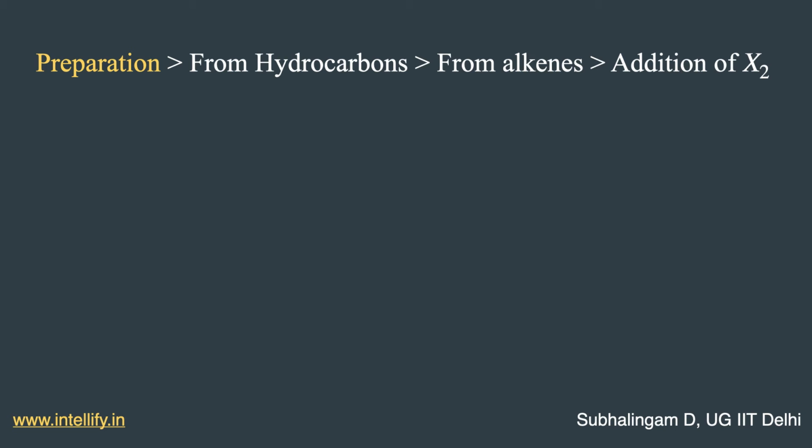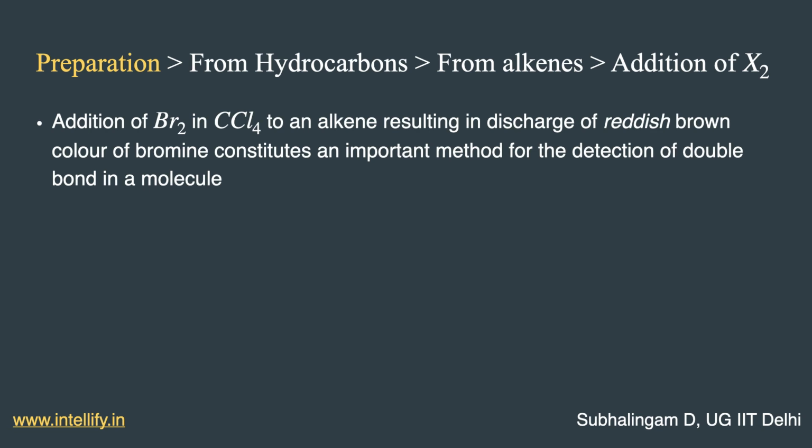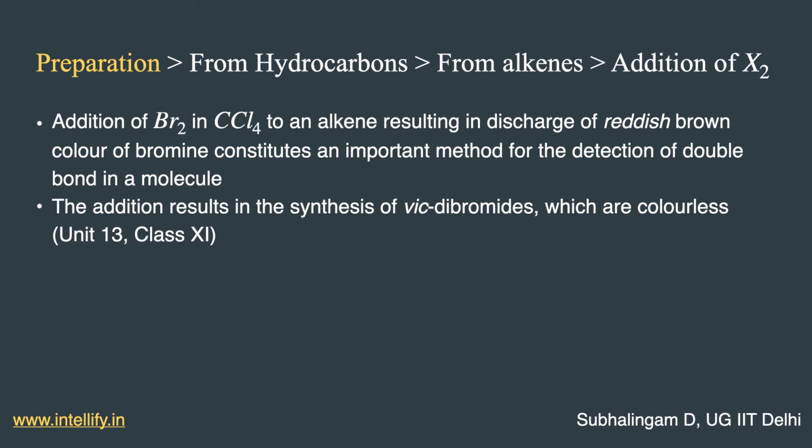Next, we can also prepare haloalkanes from alkenes by addition of X2 directly. Addition of Br2 in CCl4 to an alkene, resulting in discharge of the reddish brown color of bromine, constitutes an important method for detection of a double bond in a molecule.